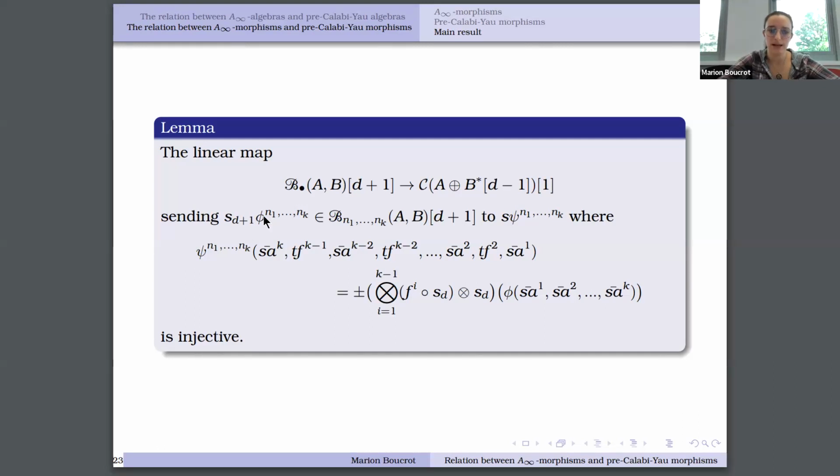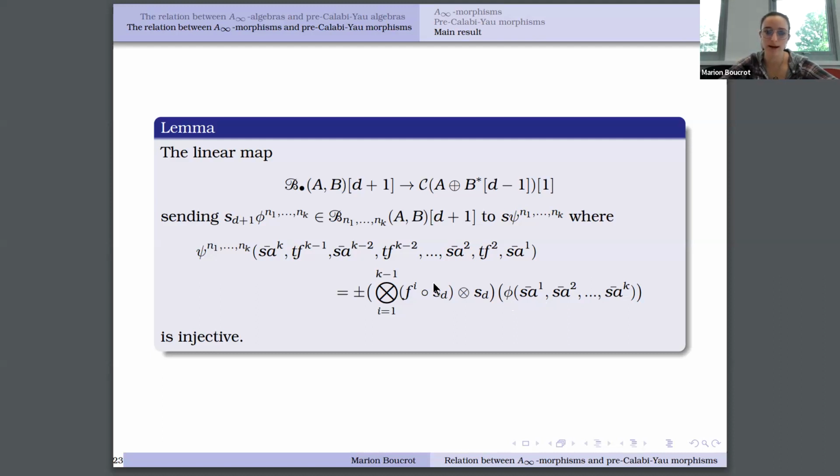So this map is as follows. We take a shifted element of B, and we will define an element of this space by applying it on arguments. Here we have elements of A, an element of B star, an element of A, etc.